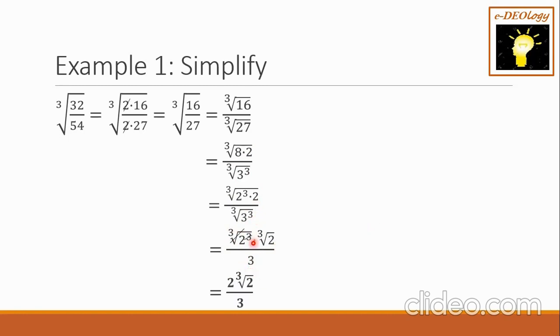In simplifying the first term in the numerator, we cancel the radical and the power of 3. Only the base 2 will come down, multiplied by the cube root of 2, all over the denominator 3. So this is our final answer.